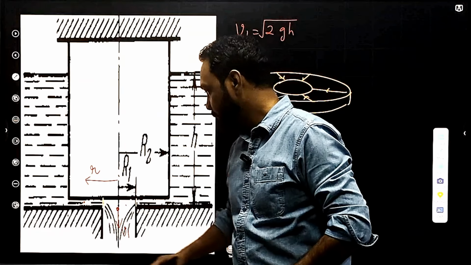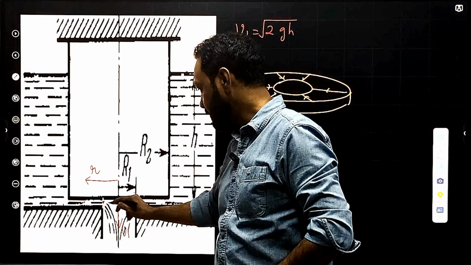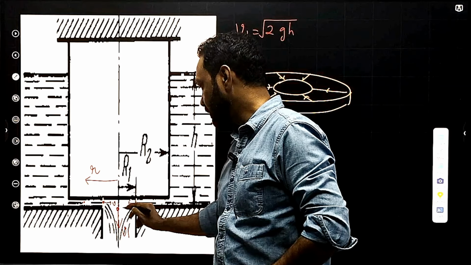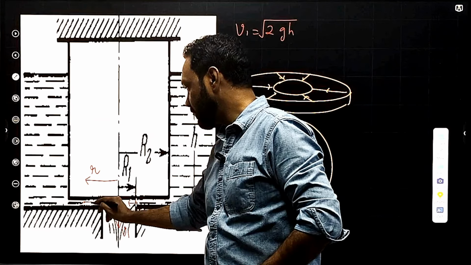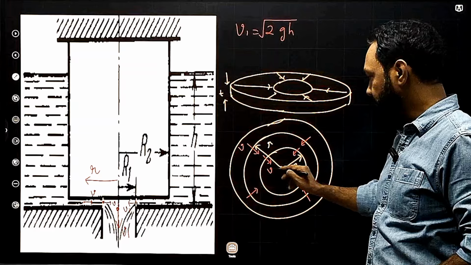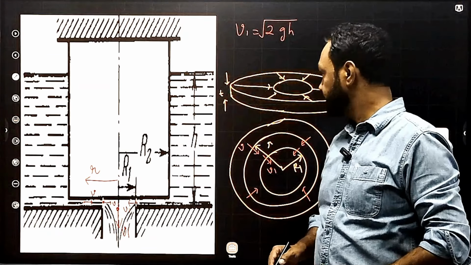So at this point, the velocity has become v1, and here the velocity is v. So this is v1. So we'll apply the continuity equation.